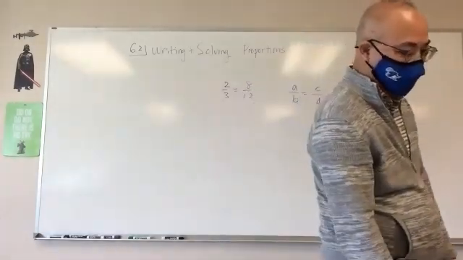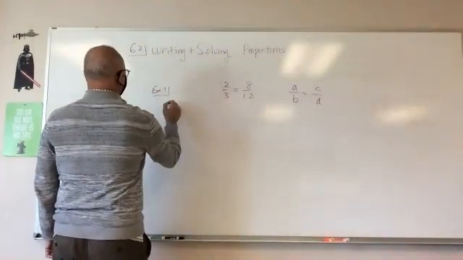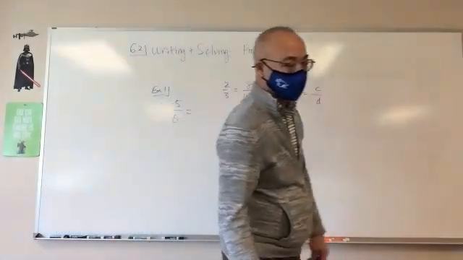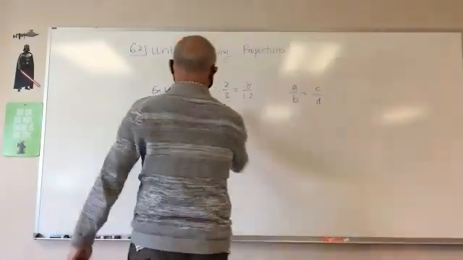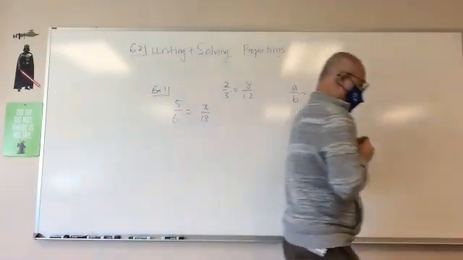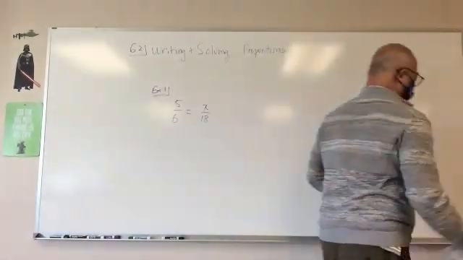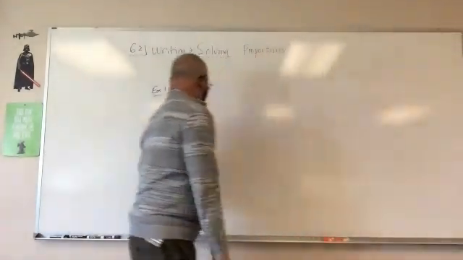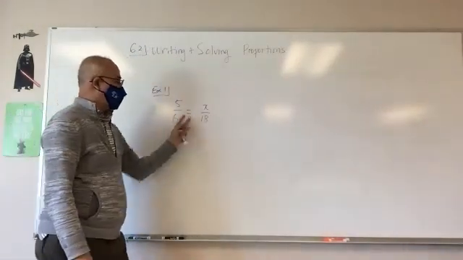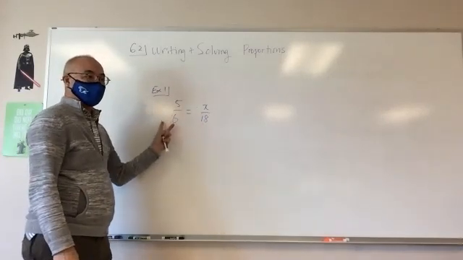Solve a proportion. I have 5 over 6 is equal to x over 18. To go from here to here, I multiply the bottom by 3 to get 18.